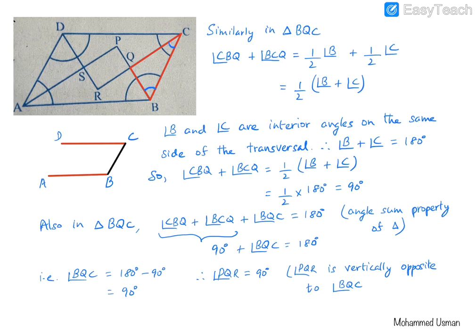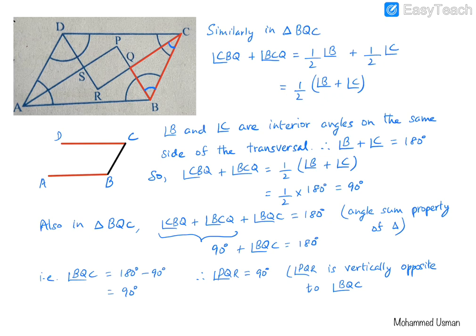These two angles, if you add them, are equal to half of angle B plus half of angle C, because angle CBQ is half of angle B because BQ is a bisector of angle B. And angle BCQ, which is this angle, is half of angle C because CQ is also a bisector of angle C. So therefore, we get angle CBQ plus angle BCQ, which is this plus this, as half of B plus half of C, which is half of B plus C. We take half as a common factor.